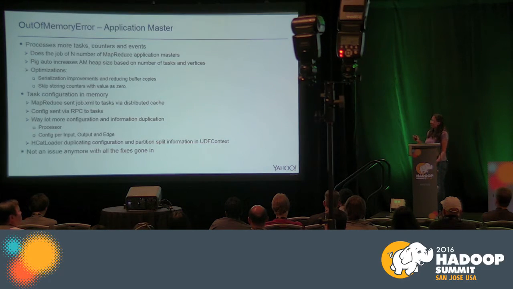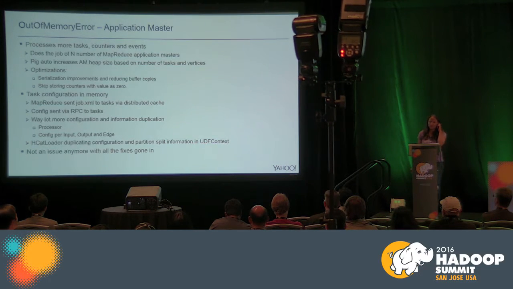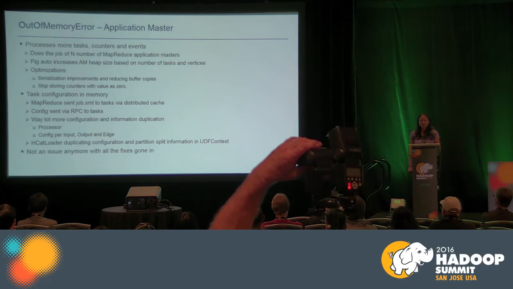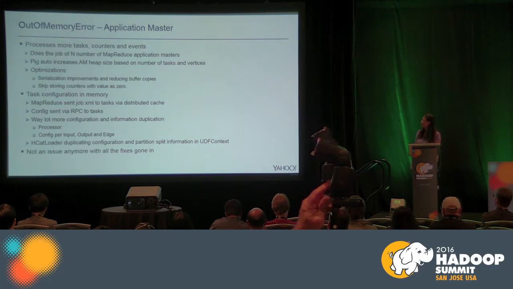Then here comes the dreaded out of memory. This is one of our least favorites. The Tez AM, compared to the MapReduce AM, had to scale really well because it represents a job of multiple MapReduce AMs. So it has to process more tasks and store more counters.